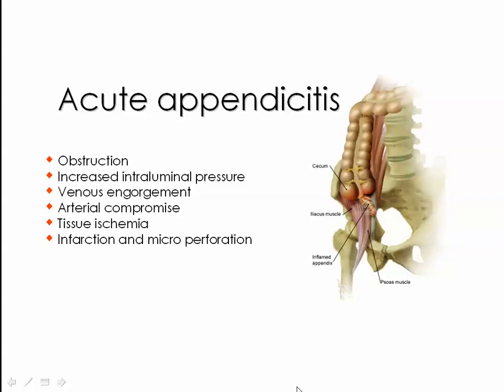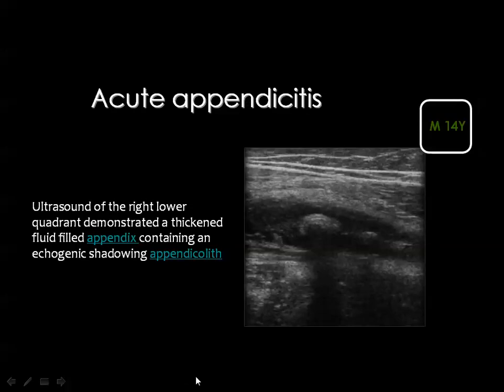And acute appendicitis occurs whenever the appendix is obstructed by any food residue or by a foreign body or by a tumor, for example. This will result in increased intraluminal pressure and venous engorgement and arterial compromise, tissue ischemia, infarction, and maybe sometimes perforation.